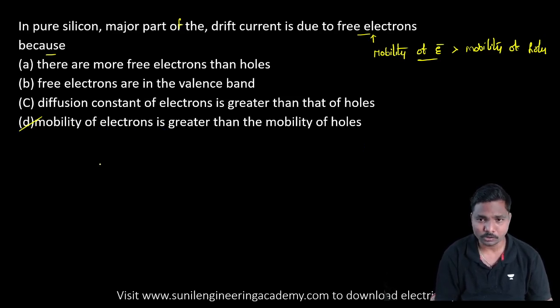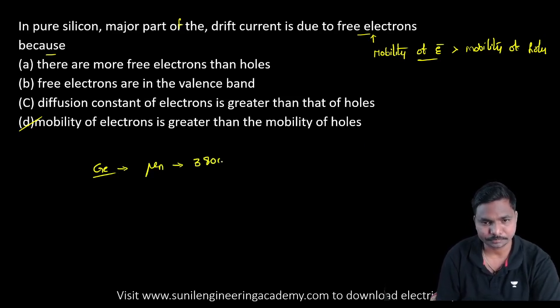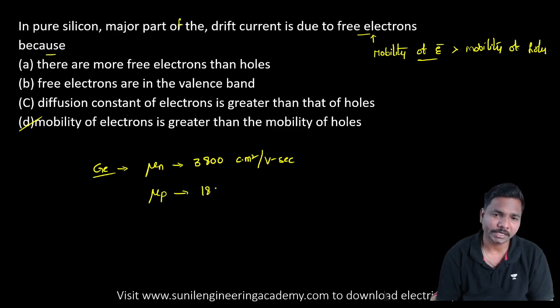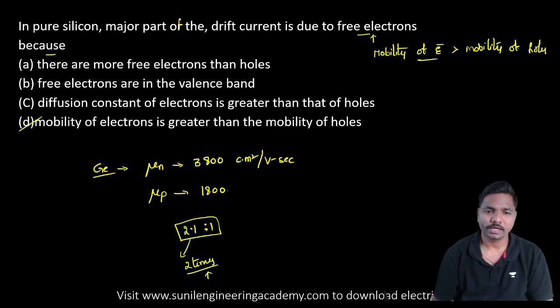For example, if you consider germanium, the mobility of electrons is in the order of 3800 centimeter square per volt second. If you consider holes, that is just 1800 only. That is nothing but about a 2.1:1 ratio, which means almost twice. Electrons move twice as fast as holes.